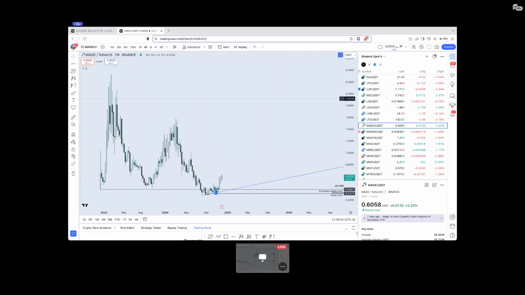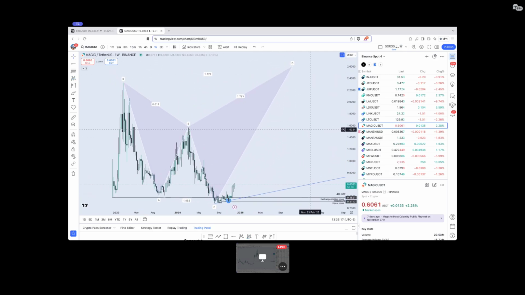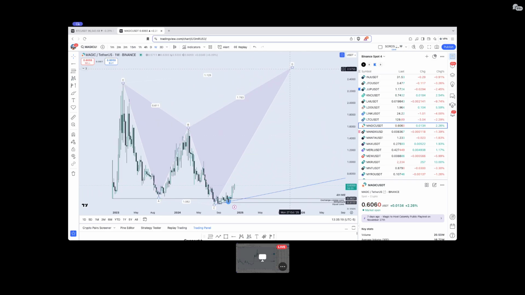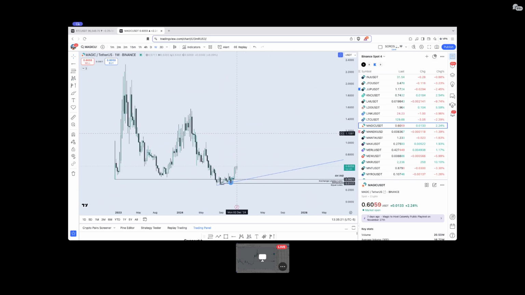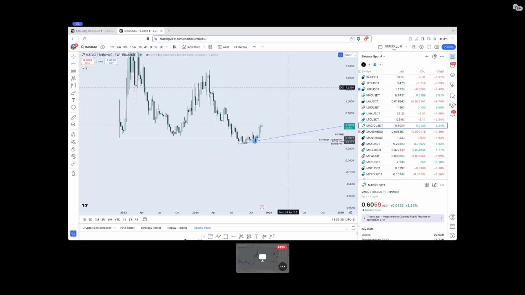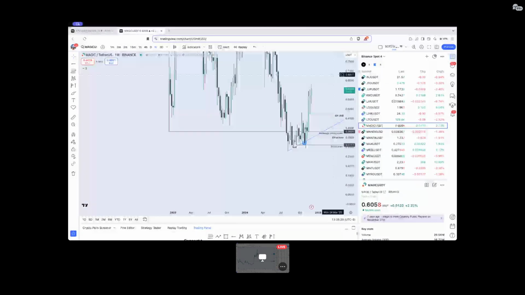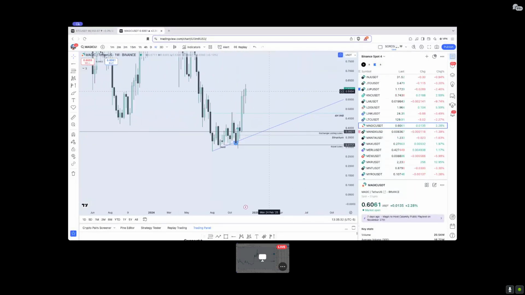Magic isn't a harmonic, but still risky. Could go a lot higher, but again, I don't like trading based on the harmonic. You just look for projection on where it could go. They took the lows, including the exchange listing lows.